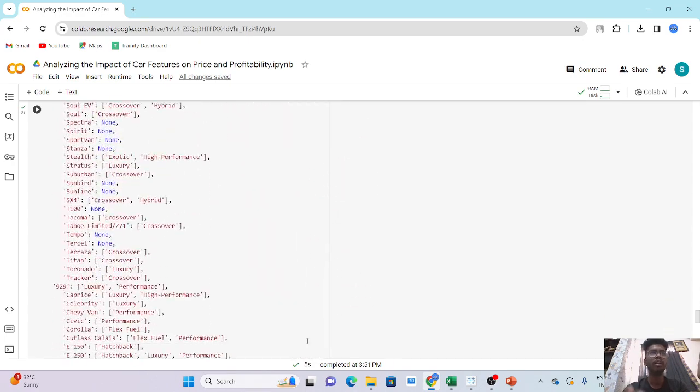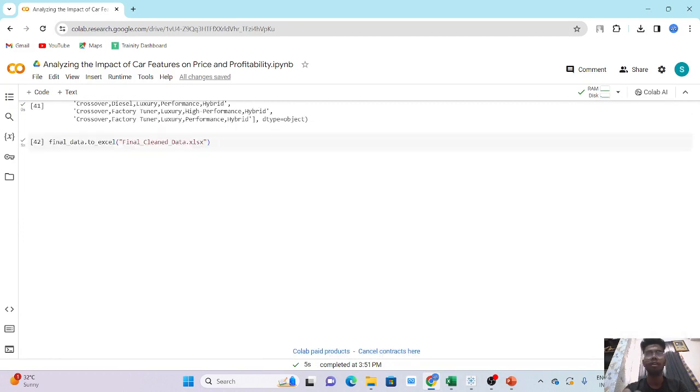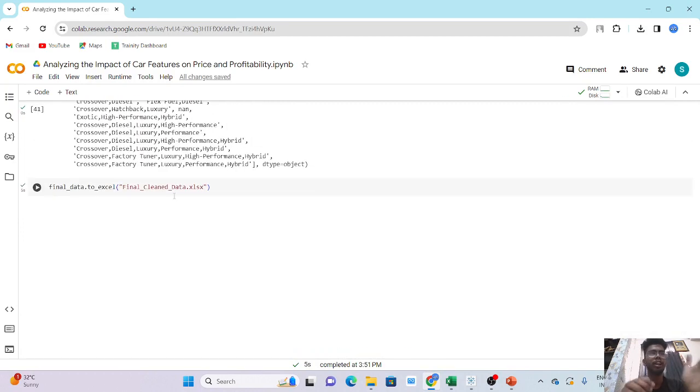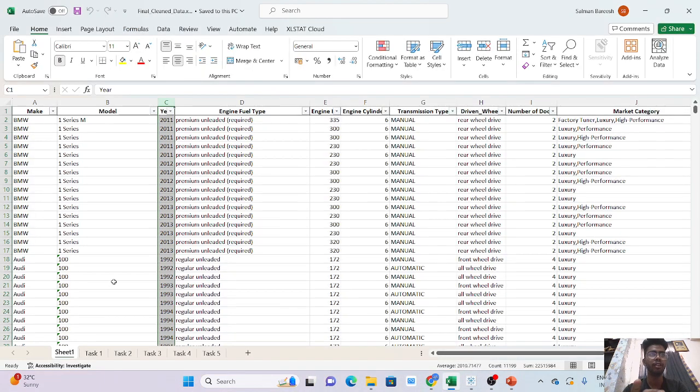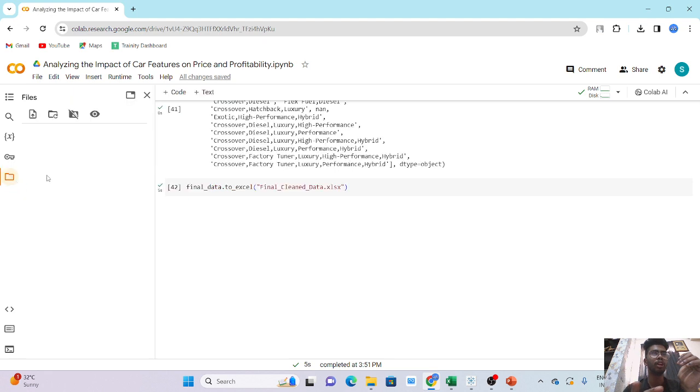After we did the pre-processing, we finally saved the cleaned data to an Excel file, and we renamed it final clean data. This is the data Excel file, the cleaned final data set, stored in the files.